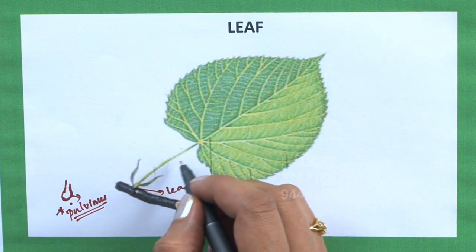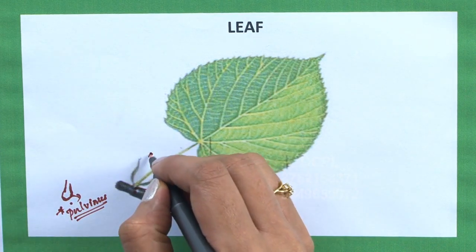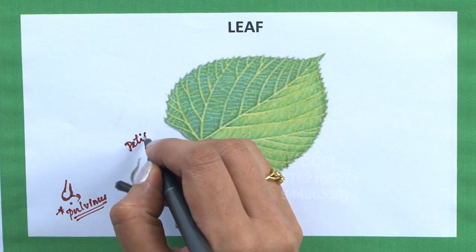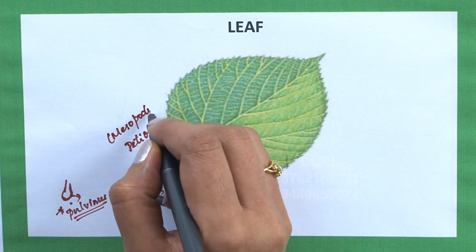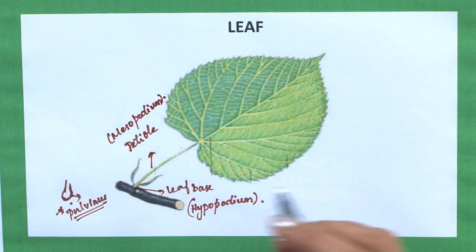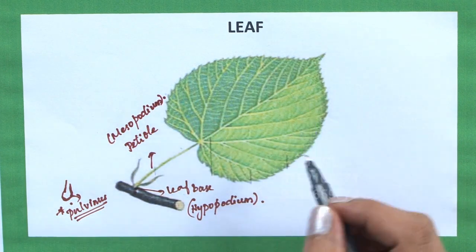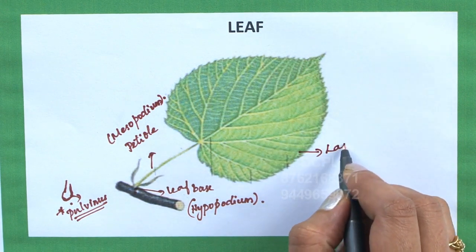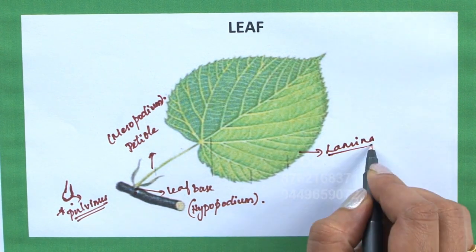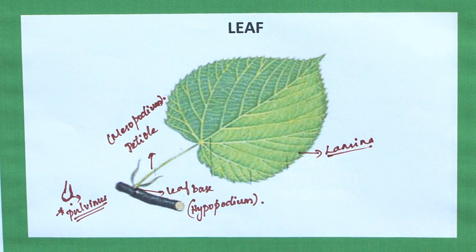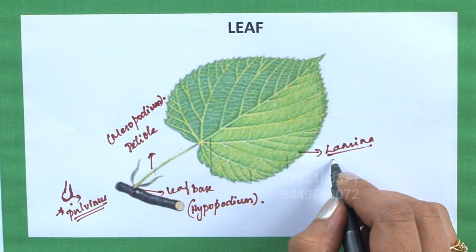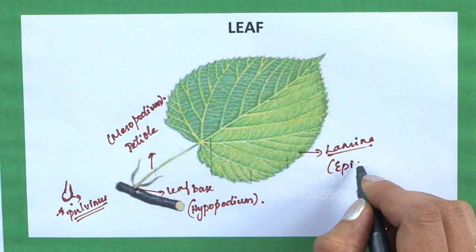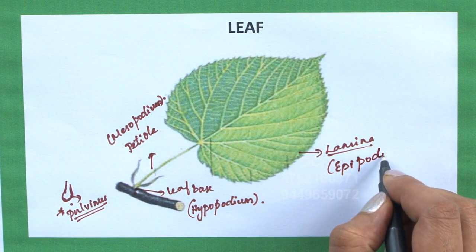The leaf base further extends into a stalk called the petiole. Petiole is otherwise called the mesopodium. The petiole extends into a flat structure called the leaf or lamina, otherwise called the epipodium.